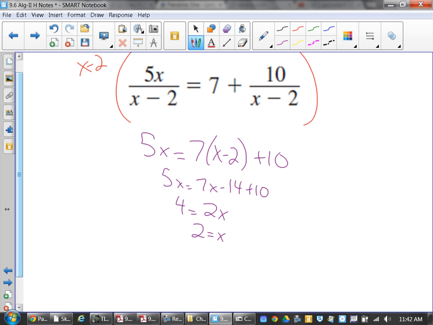No. What happens? 0 in the denominator. And can you have 0 in the denominator? No. So you found a solution, but it's not a solution. So it just doesn't work. There's no solution. 2 is an answer, but it's called an extraneous solution because it doesn't work.